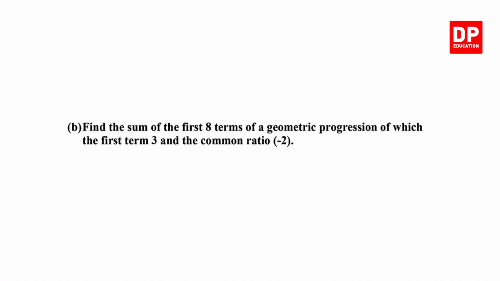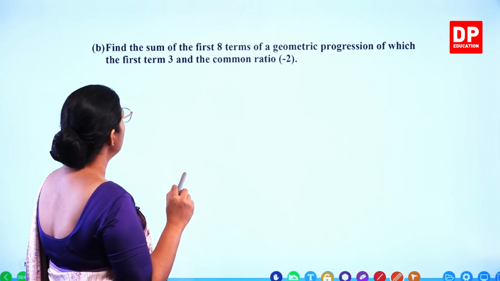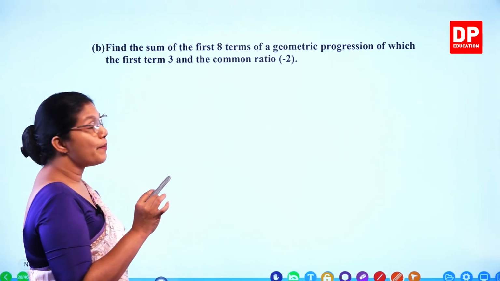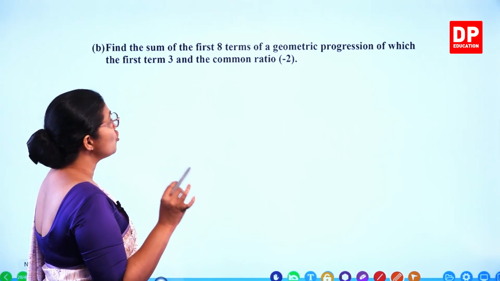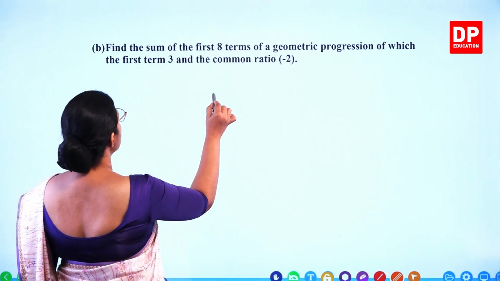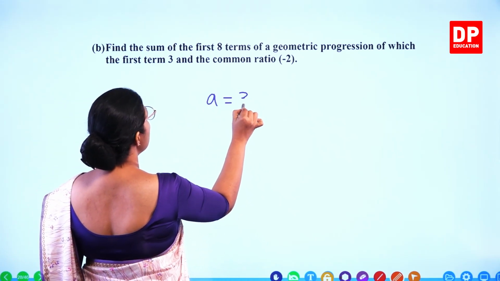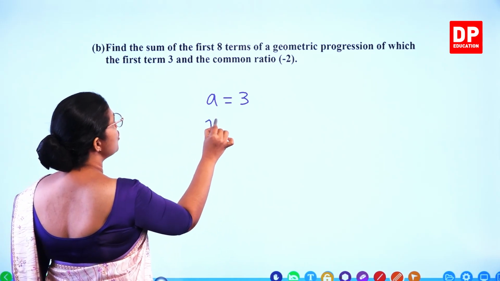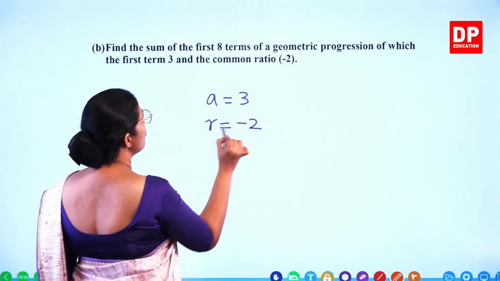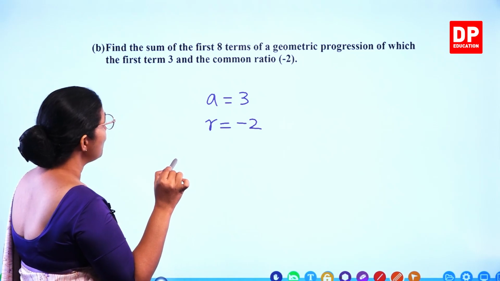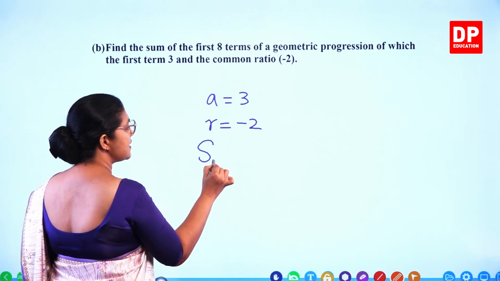Then the last part: find the sum of the first 8 terms of a geometric progression of which the first term is 3 and the common ratio is minus 2. So this is a geometric progression. First term A equals 3, and the common ratio is minus 2. So the sum of the first 8 terms, that means S8.